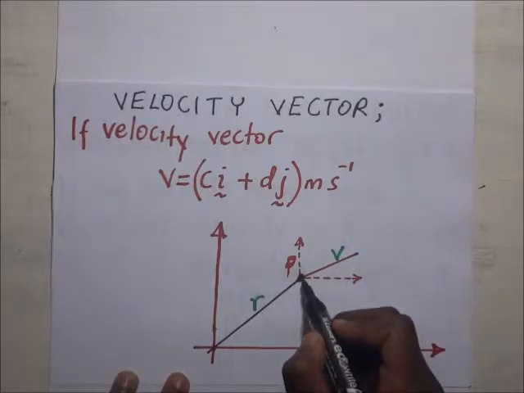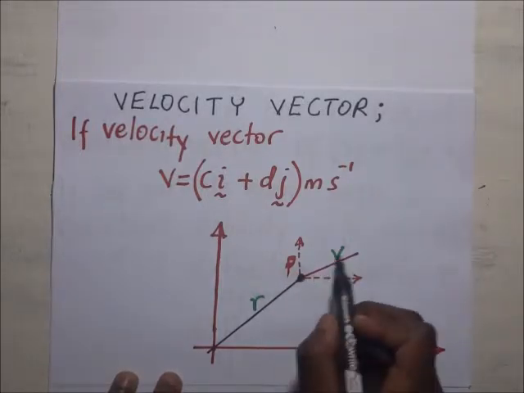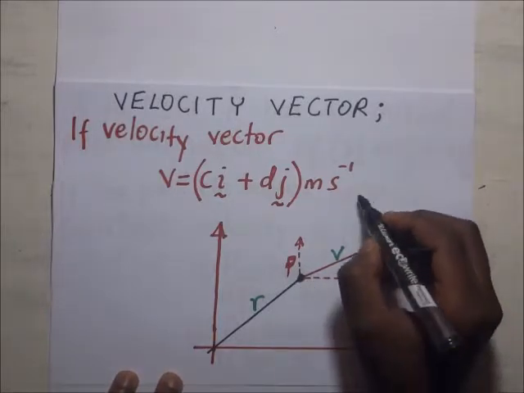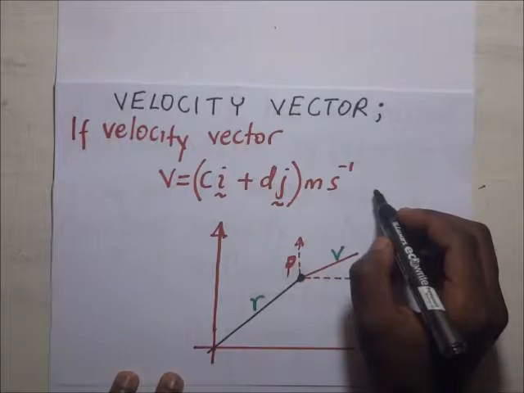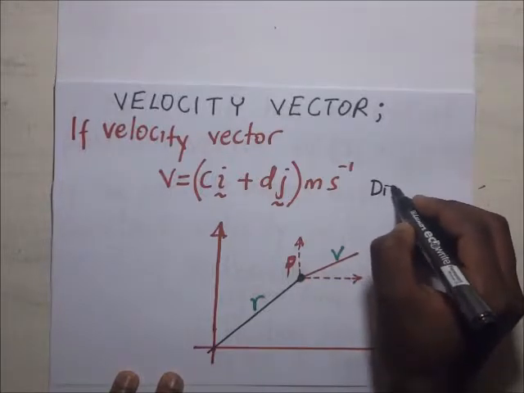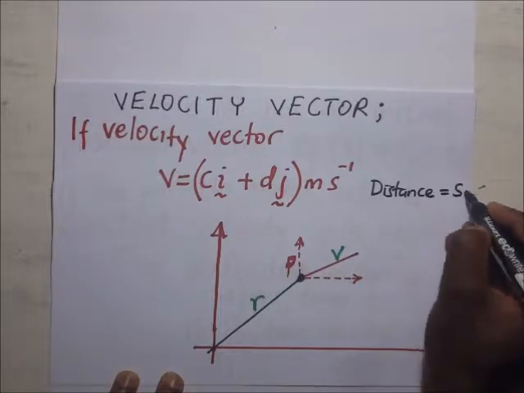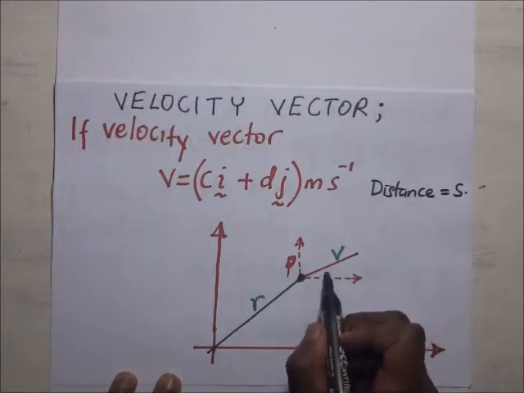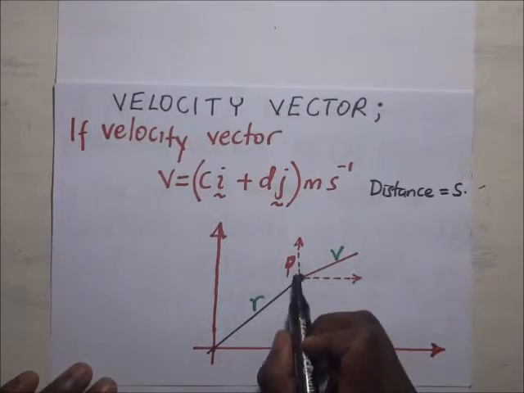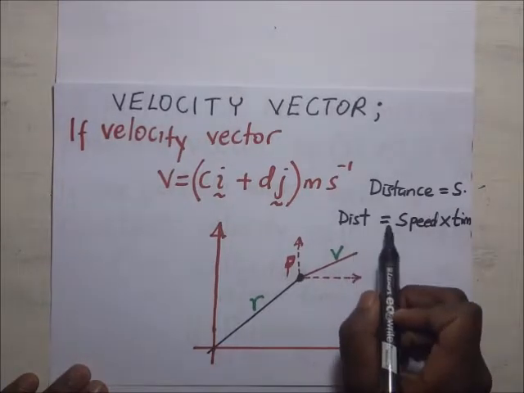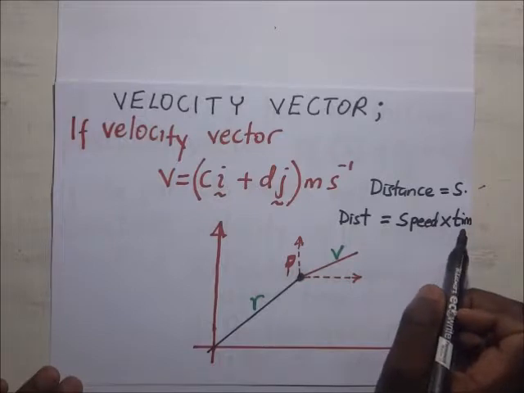Then after we get it, we add on the distance it has traveled. This is the particle p. It is moving with a certain velocity, so if it is to move, it is going to move a certain distance. Let's call that distance s. If we want to find how long this particle p has moved at this velocity, we know that distance is given by speed times time.